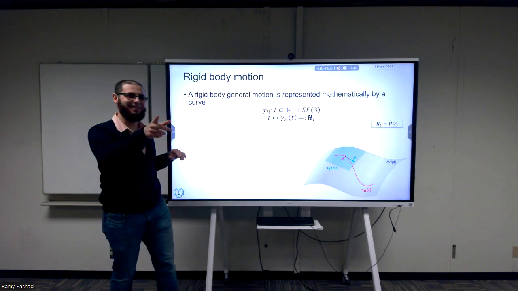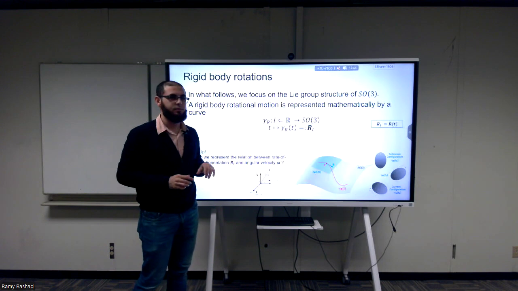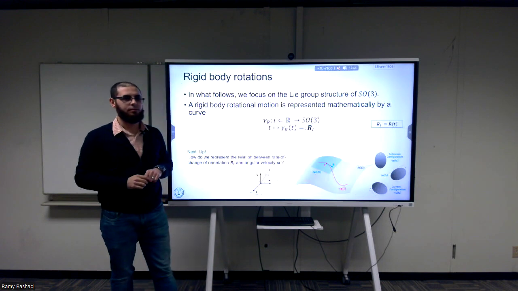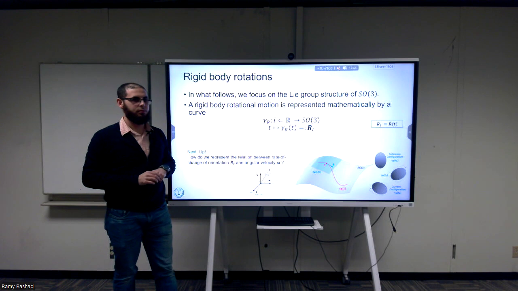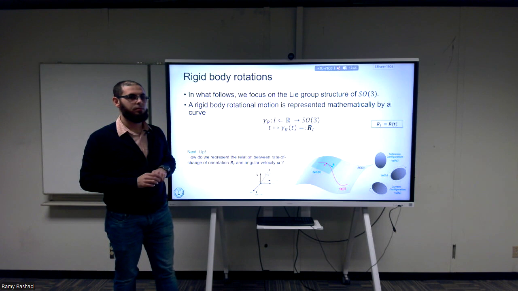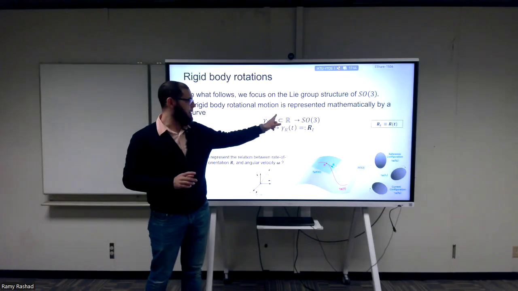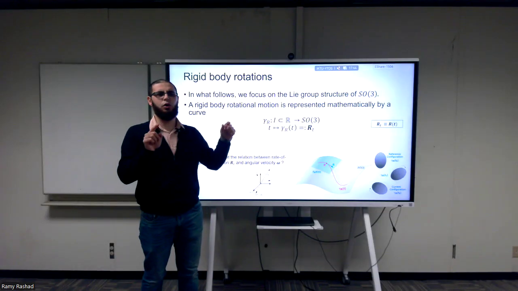Okay. So, question. The mapping takes me from R to SO3. Yeah. But the point t, is it within the manifold SO3 or within this set? t lives in this space, in this interval. So t is a value.